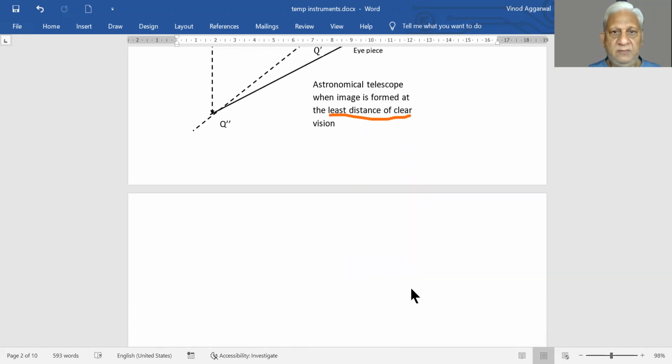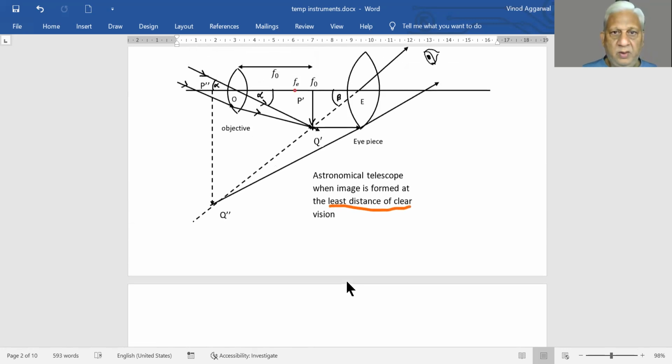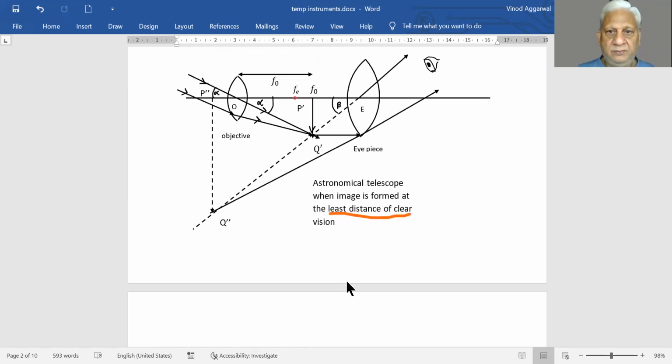Now let's see the treatment of this. First, let's define alpha. Alpha is this angle, which can be defined as tan alpha.